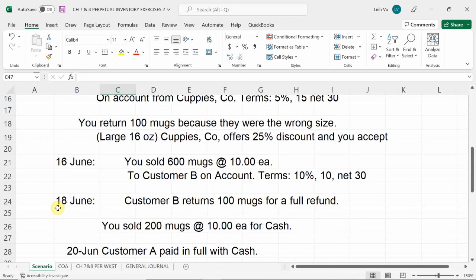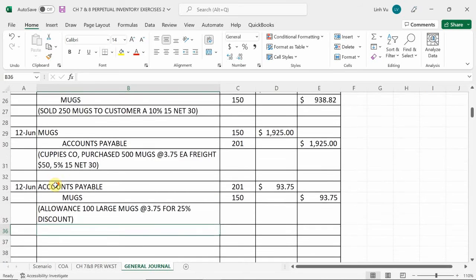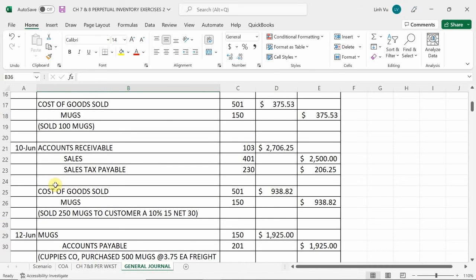So you sold 600 mugs to customer B on an account as of June 16. Once again, you need to calculate the sales first. So you have an account receivable. And then you're going to update your inventory accordingly.